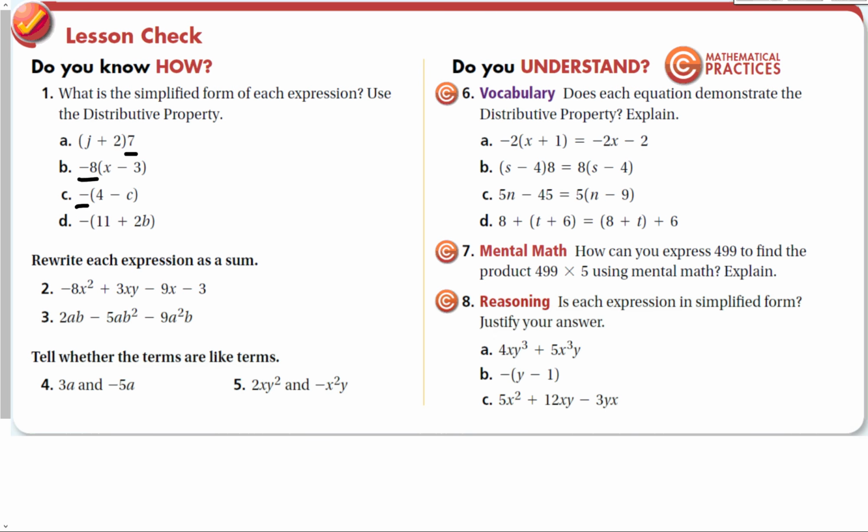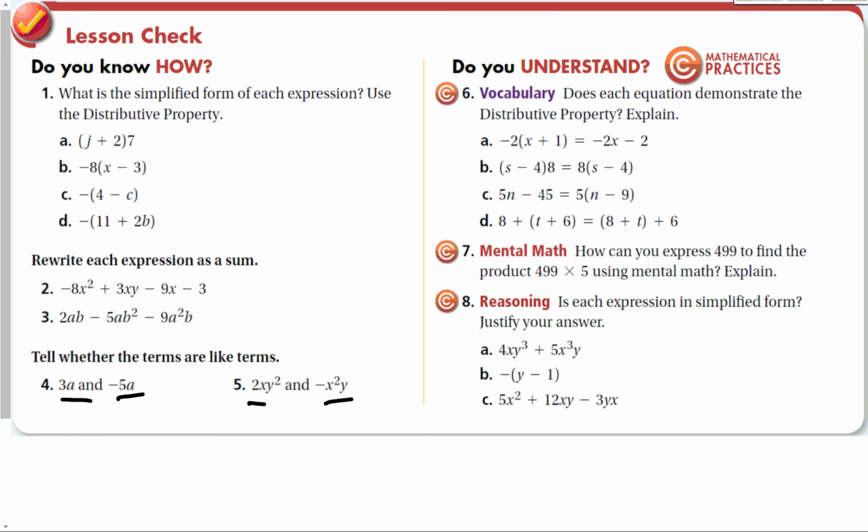Maybe just rewrite it as a sum. It just means negative 8x squared plus 3xy plus negative 9x plus negative 3. I guess that's what they were going for in that problem. Tell whether they're like terms. Those two are not.